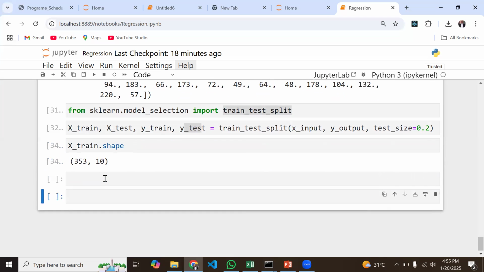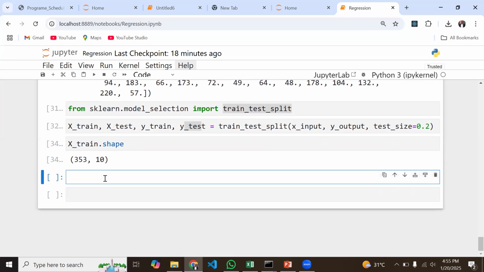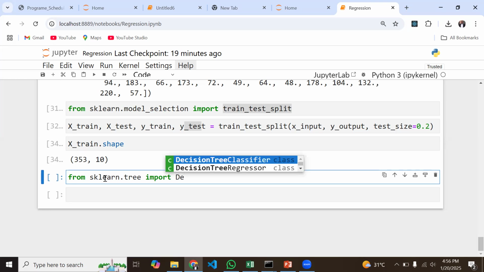Now let's look at building the model itself, because working with the data, we are quite familiar with. So I'm going to say from sklearn, remember, let's start with the decision tree. So from sklearn.tree, earlier on we imported the decision tree. Good. So over here, we have two options.